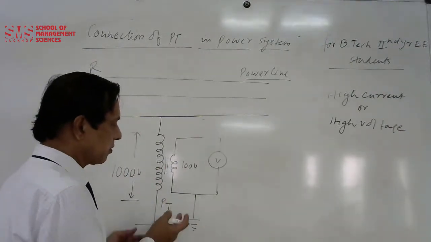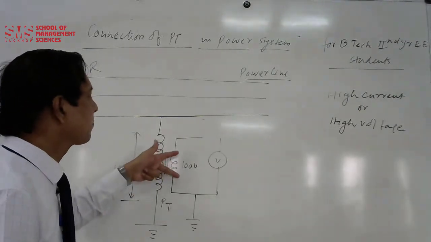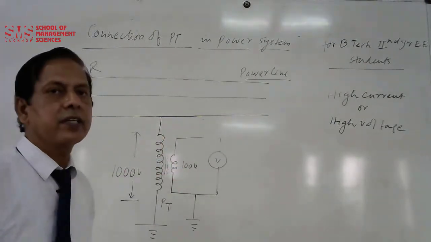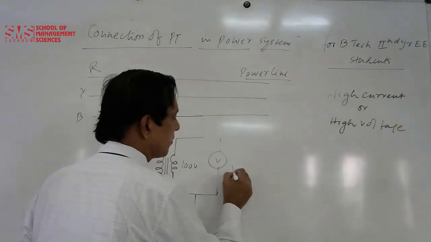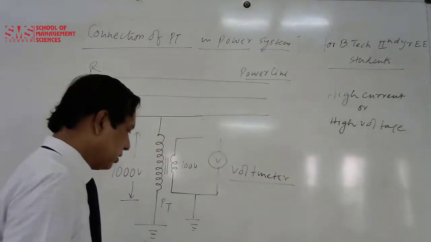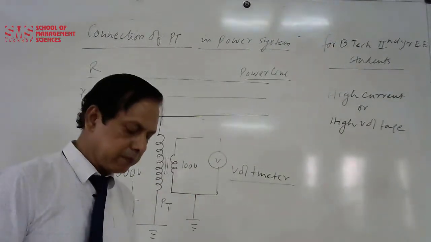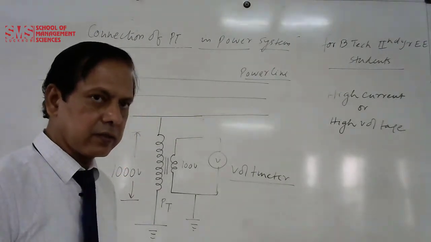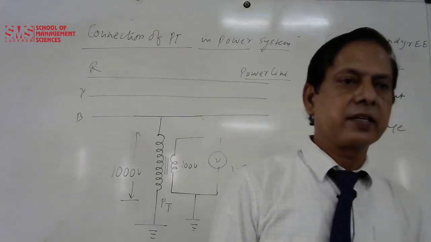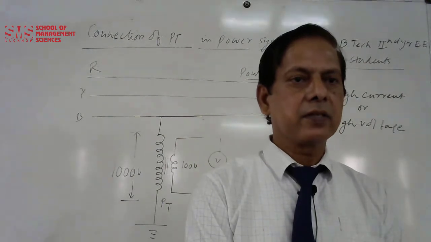So what we see here is that the secondary of the potential transformer is 100 volt. This 100 volt is easily measured with the help of the voltmeter. So this is all about the connection of the potential transformer in a power system. One thing I would like to say here: these two transformers are also used for metering and protection in circuits. This is all about the current transformer and potential transformer. Thank you.